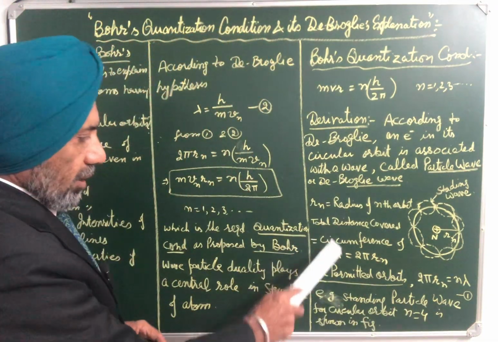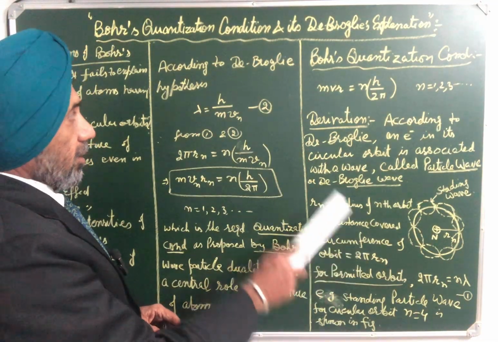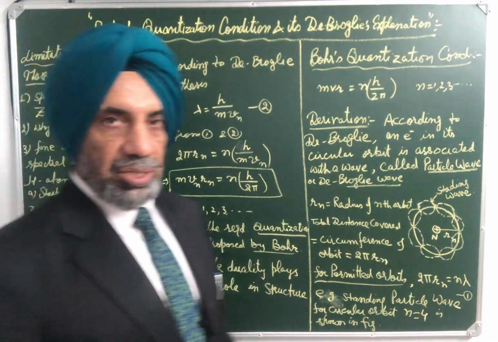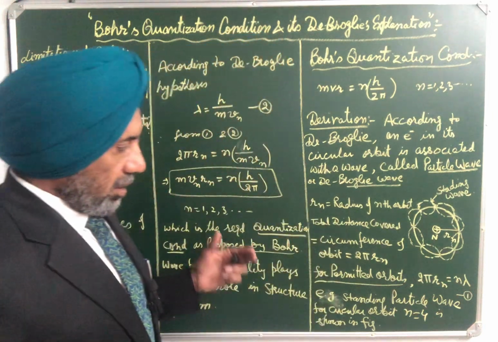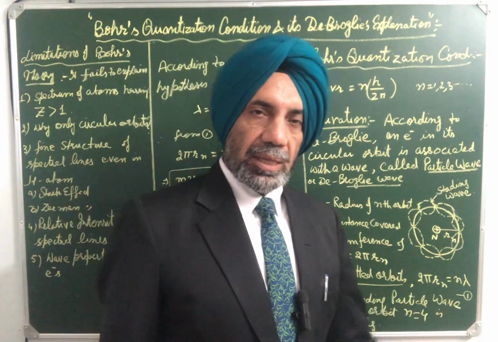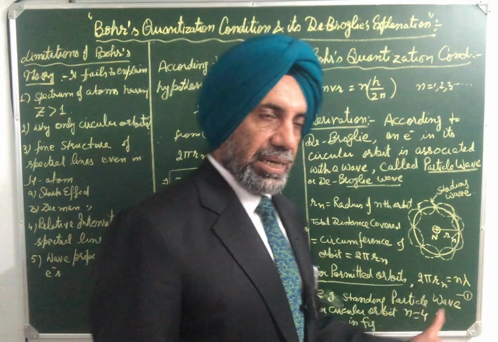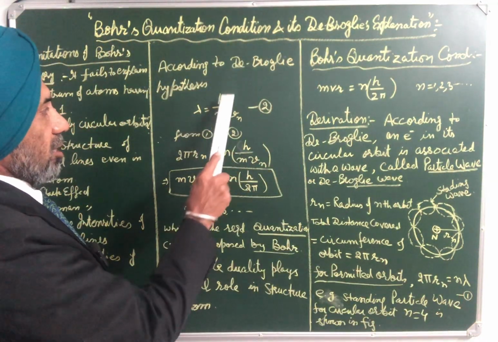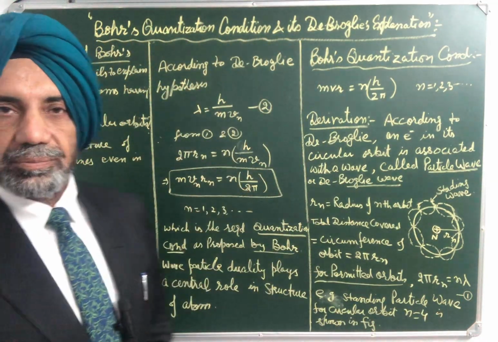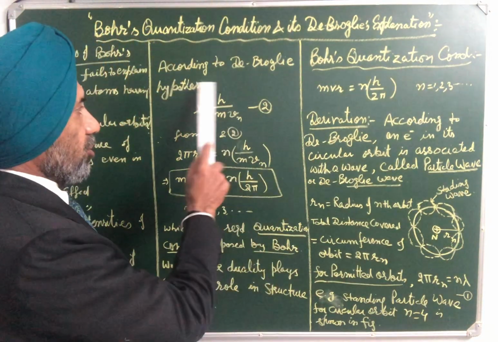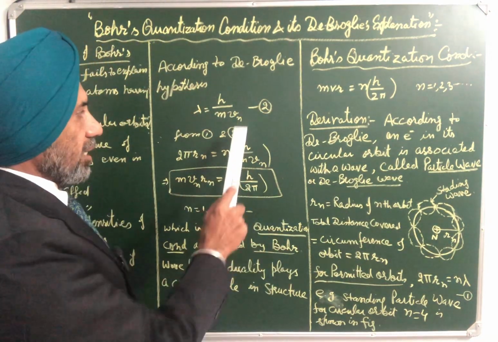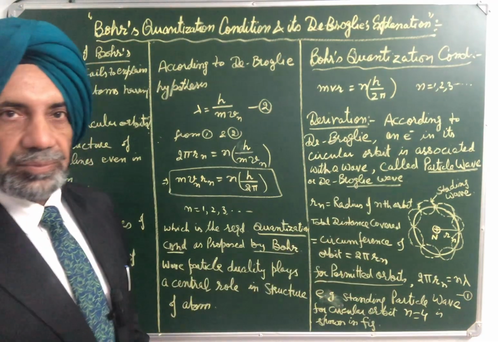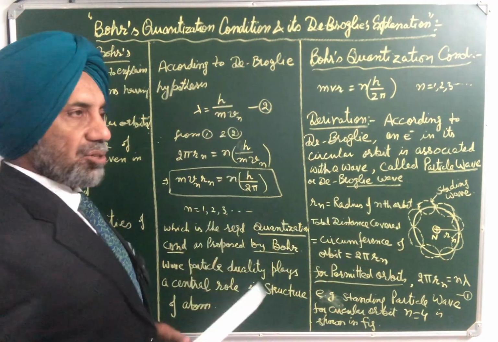Then, according to the de Broglie hypothesis, the wavelength of the wave associated with the particle is given by lambda is equal to h upon m vn. This is known as the de Broglie wave equation, where vn is the velocity of the electron in the nth orbit, m is the mass of the electron and h is Planck's constant.